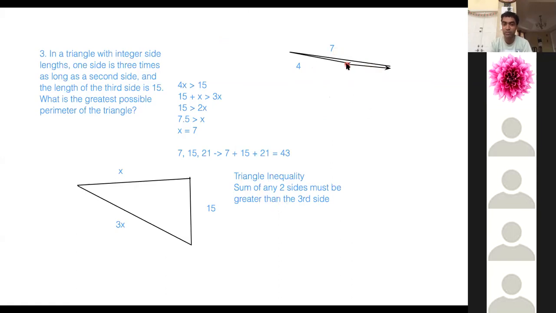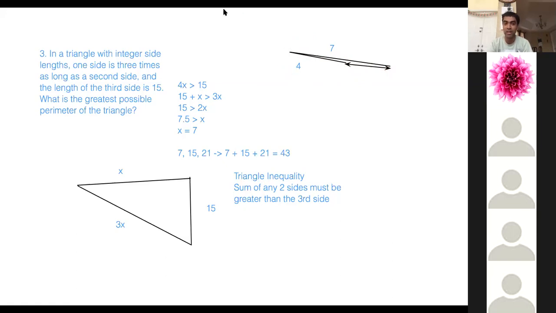So this side plus 4 needs to be more than 7 for this to be a valid triangle, right? So basically when you have two sides being fixed, the third side has to be somewhere between the difference between the sides and the sum of the sides. In this case, with two sides being 4 and 7, the third side has to be more than 3, but it must be less than 11.